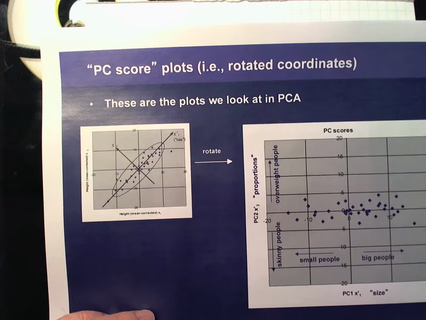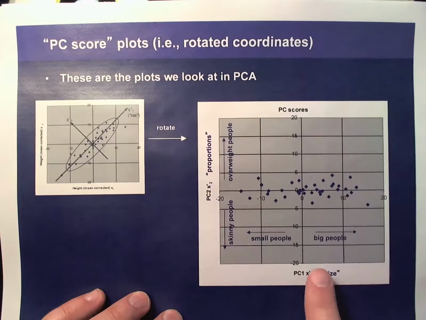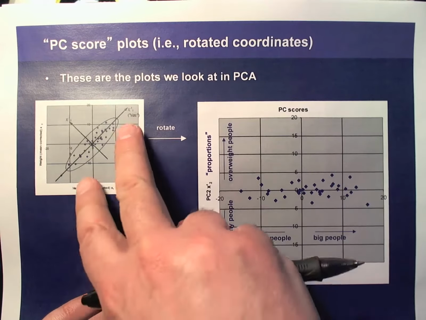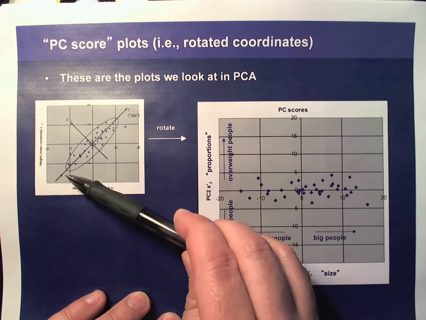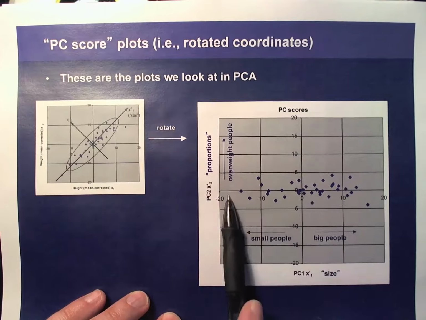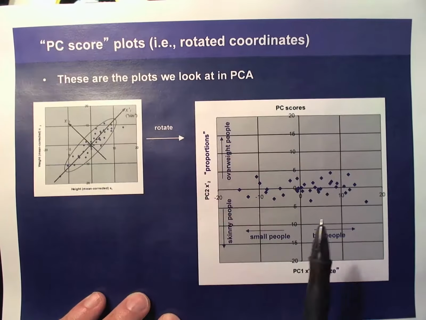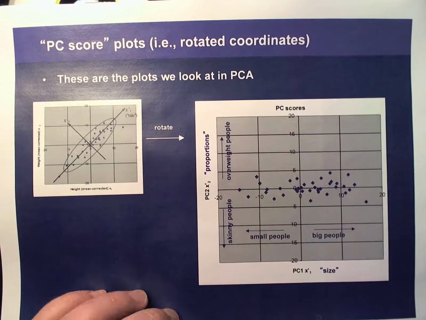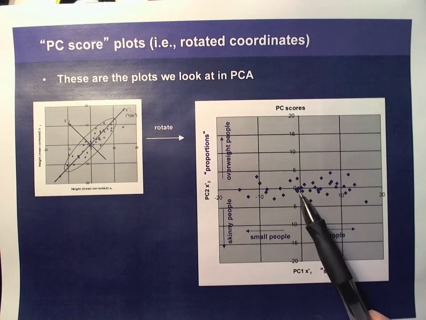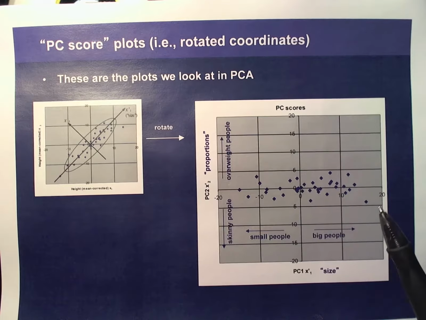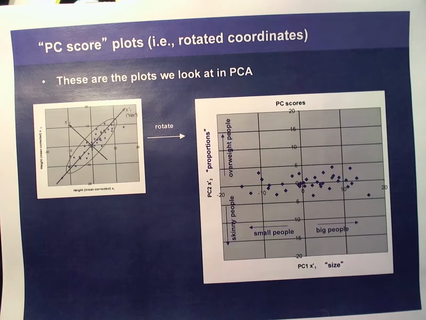Well, once we rotate the diagram, so there's the diagram from the previous page, and this diagram is simply turning the picture so that this diagonal axis is now aligned left-right, and this diagonal axis is now our up-down axis. We see that all the people with their heights and weights as compared to the mean at 0 lie along this horizontal line, roughly speaking.